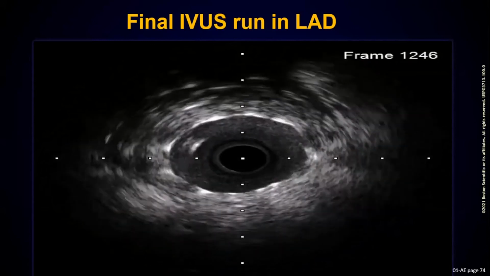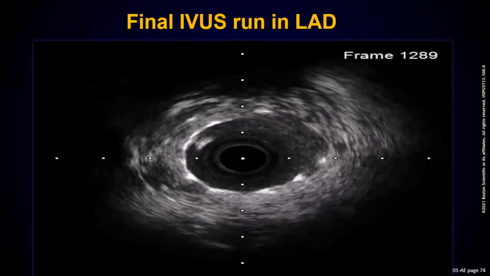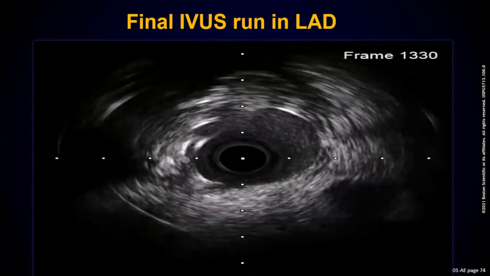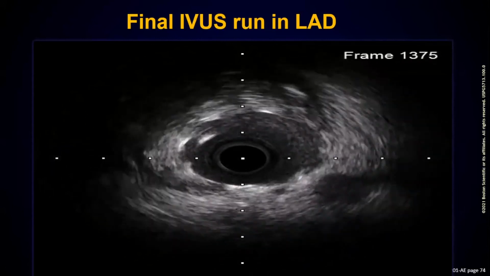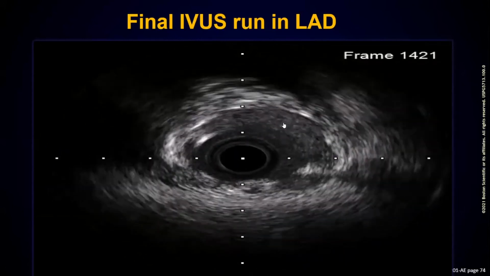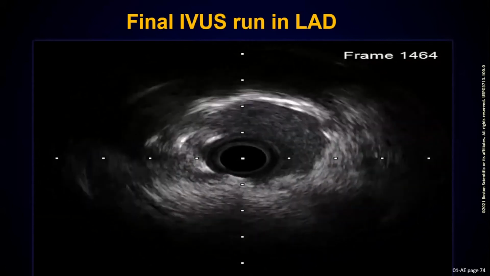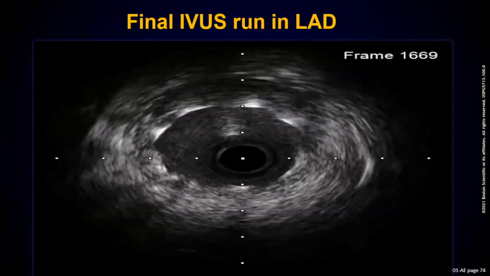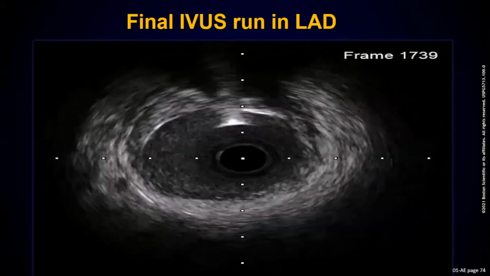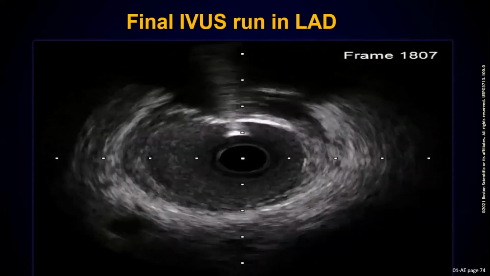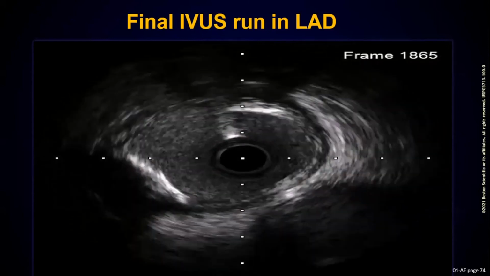Using intravascular ultrasound in such cases is extremely helpful. You can use either IVUS or OCT because both have advantages and disadvantages, but imaging is important. That is the message here.